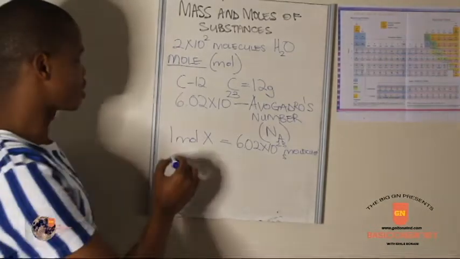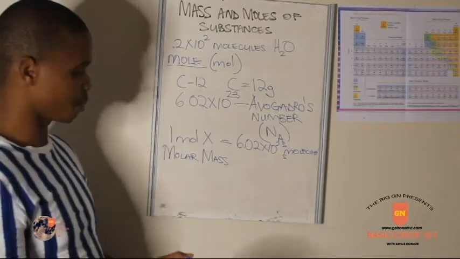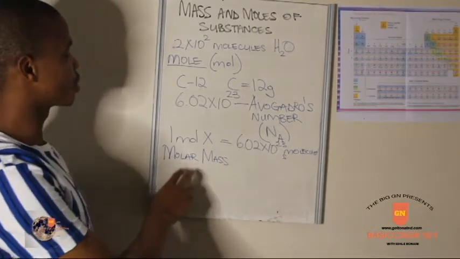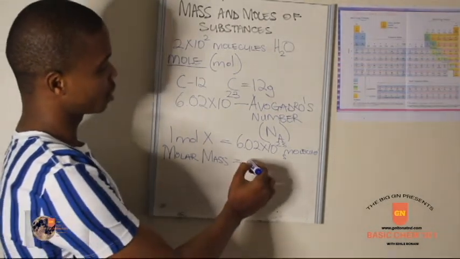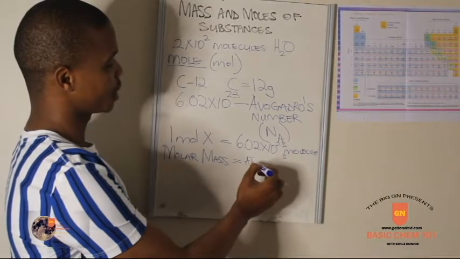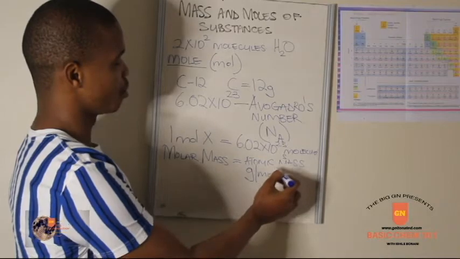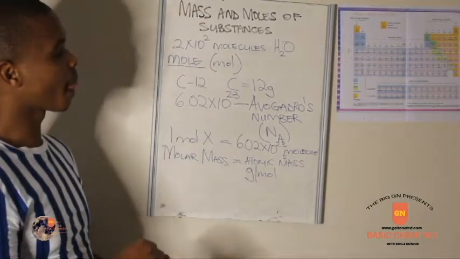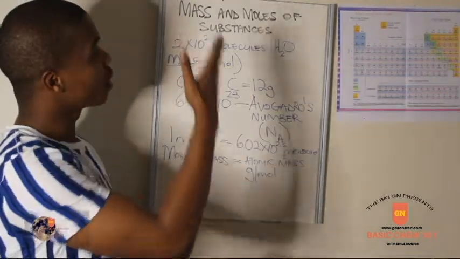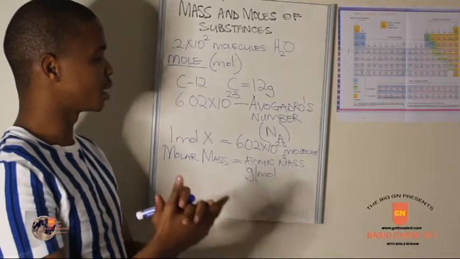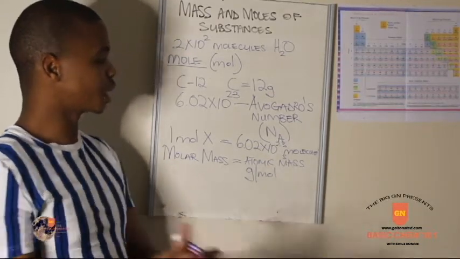Also, there is a concept of a molar mass. If we are talking about moles, we'll also be talking about a molar mass, and a molar mass would be equal to your atomic mass, but now it will be in grams per mole. Remember, atomic mass, molecular mass, or formula mass was in atomic mass units.